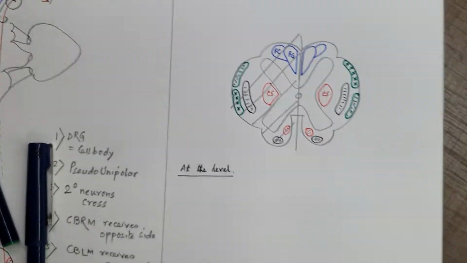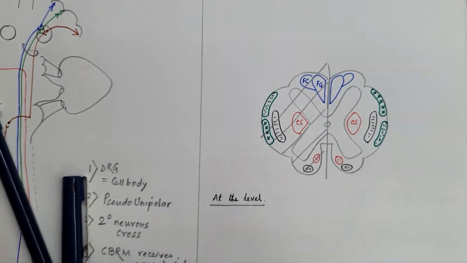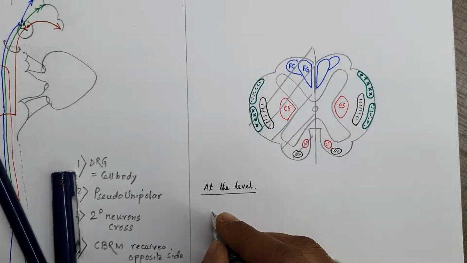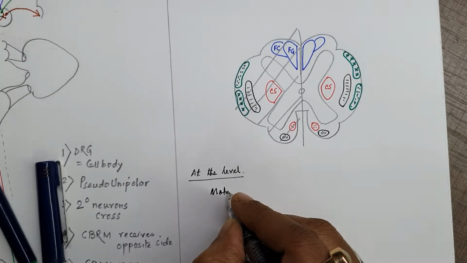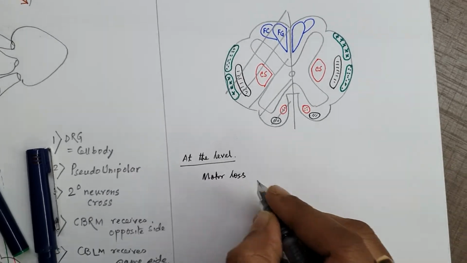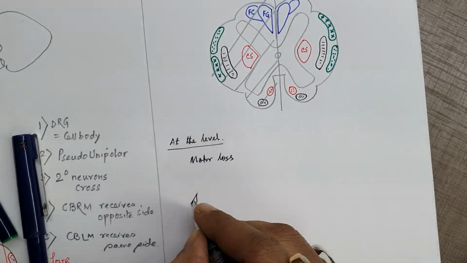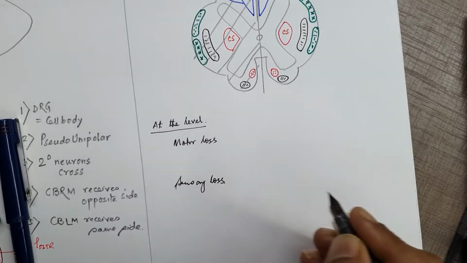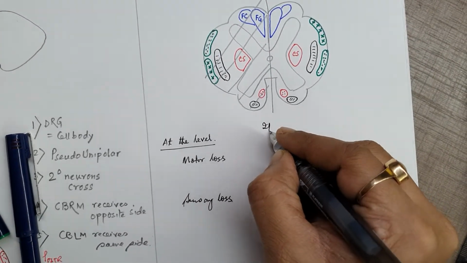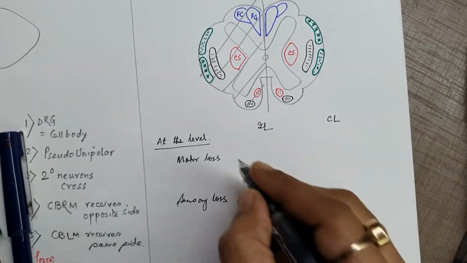Just imagine at this level what happens. Motor loss, sensory loss, ipsilateral, contralateral.